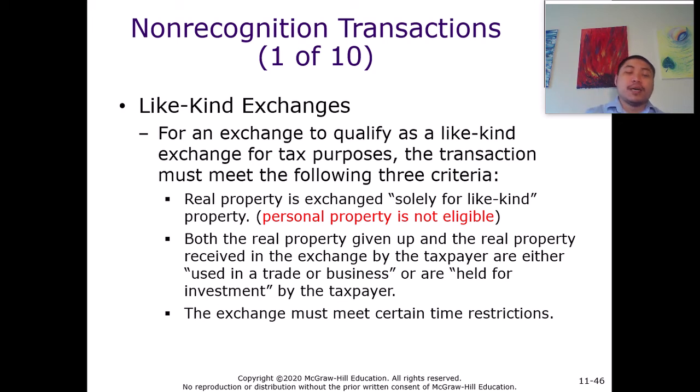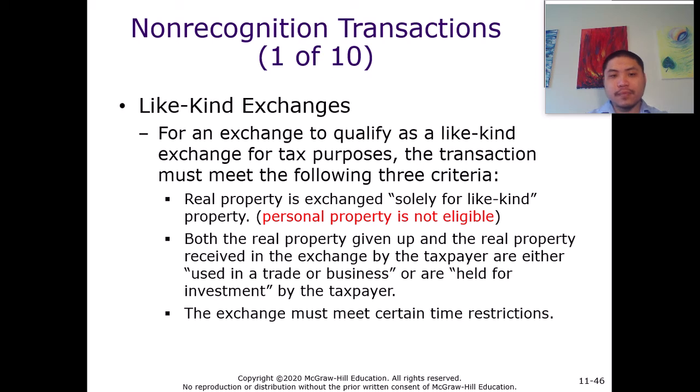All right. And the second requirement is that both the real property given up and the real property received in the exchange have to be used in trade or business or held for investment by the taxpayers, right?